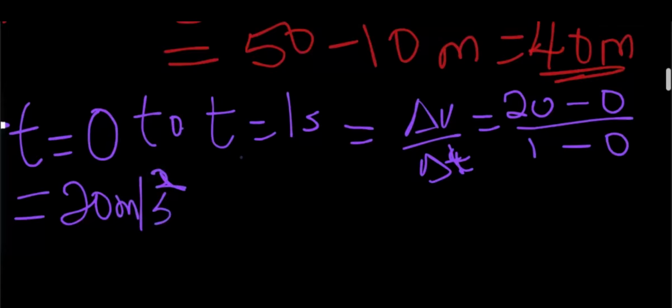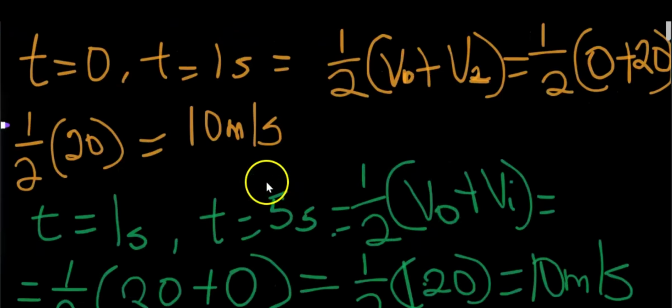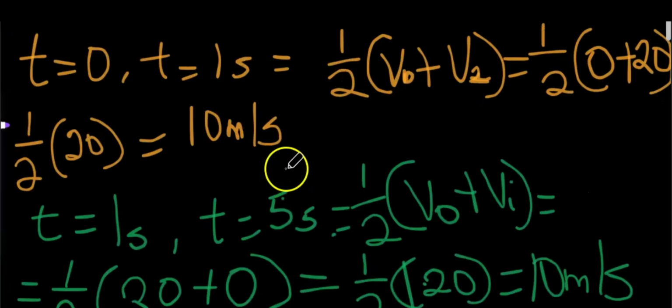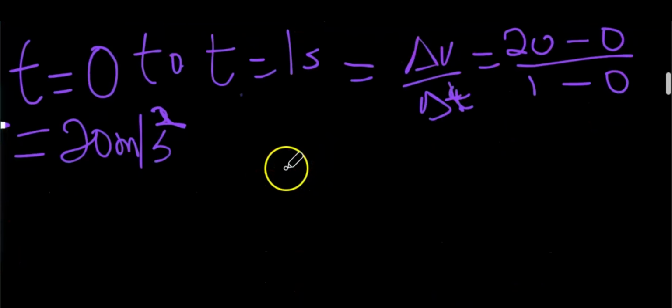That's the first slope. For the other segment, from t1 to t7, we have a different slope.